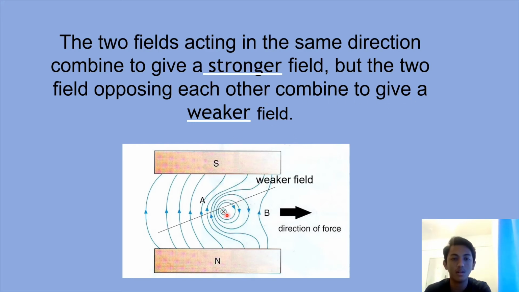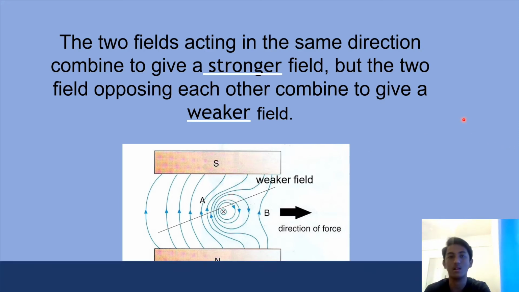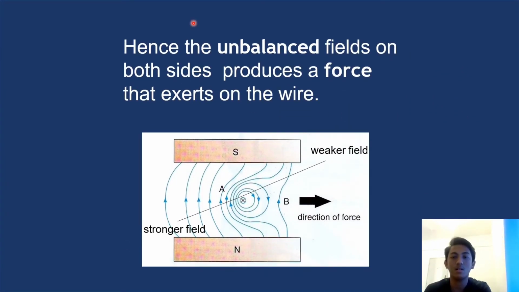For example, like this, these are two fields opposing each other to weaken the magnetic field. Hence, the unbalanced field on both sides produces a force exerted on the wire. This is a stronger field and this is a weaker field.